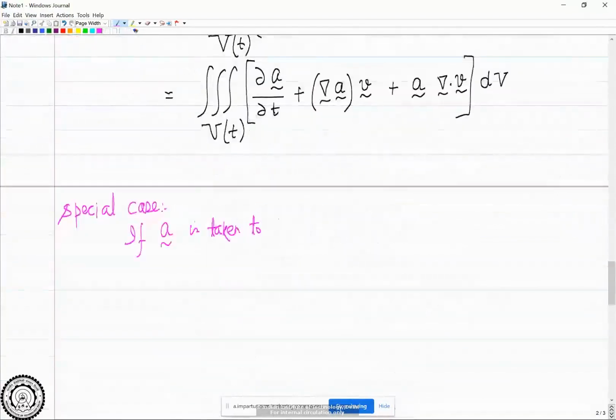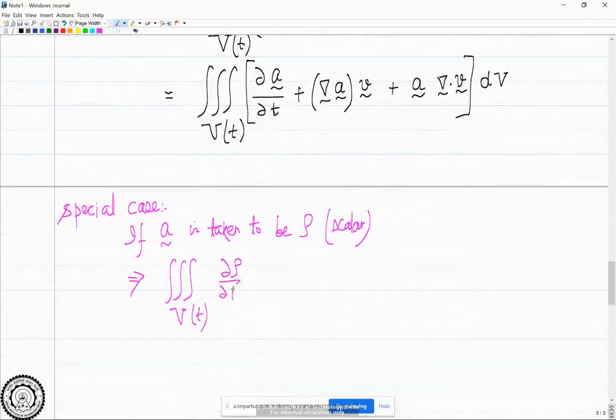So if A is taken to be rho, a scalar, then to begin with that quantity is 0, and finally this quantity should also be 0, right?